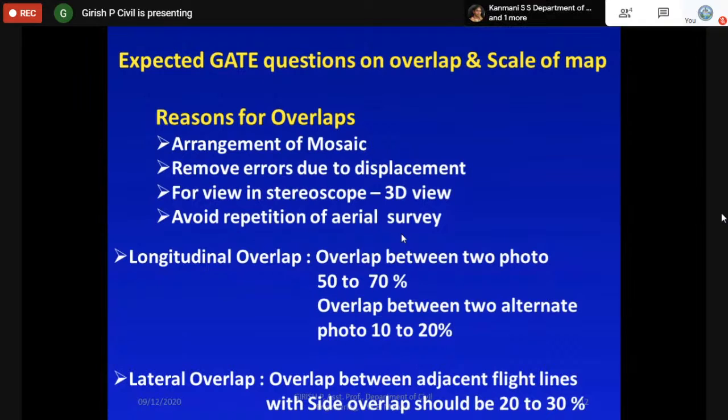Based on that condition, we have longitudinal overlap and lateral overlap. The overlap between two photos in the order of 50 to 70% we call longitudinal overlap, whereas in lateral overlap, the overlap between adjacent flight lines, the side overlap, should be 20 to 30%.